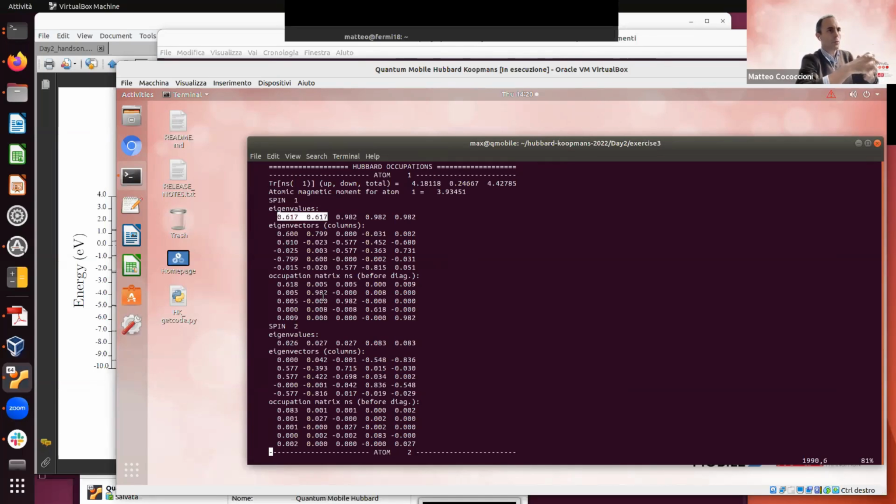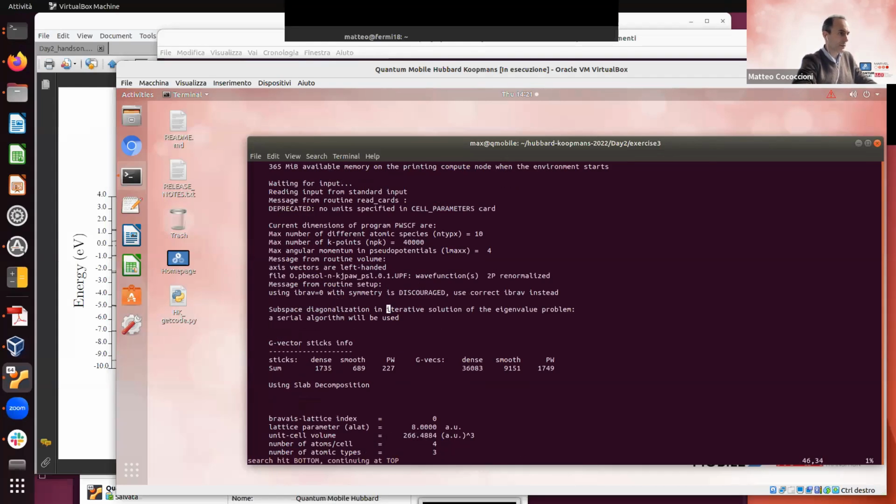Okay, so we want to play that trick of suggesting the starting occupation from input, and now we will do that. In order to do that, let me stress something that Yuri said this morning. We need to go back and look at how the occupation matrix looks after the first iteration.